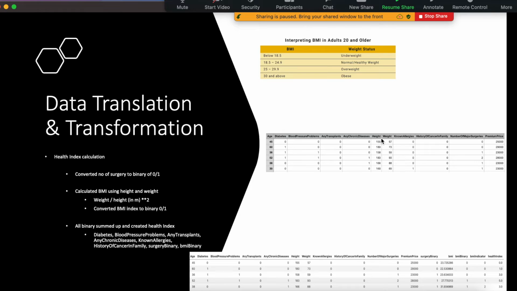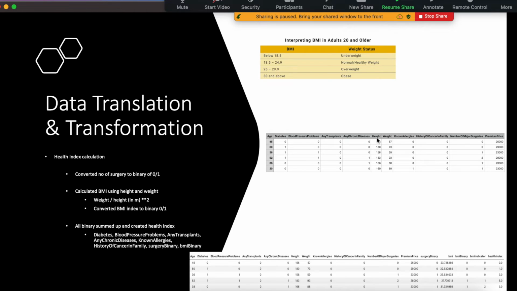Height and weight is one set of data available to me, and using it I'm going to calculate the body mass index. There is a formula: weight divided by height in meters squared gives the body mass index.